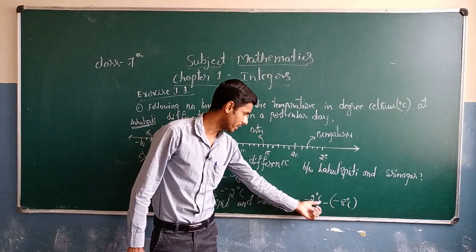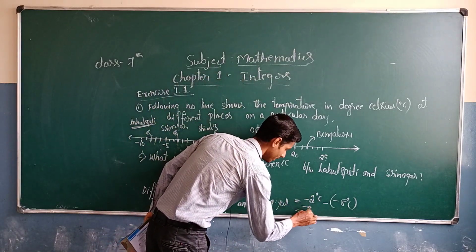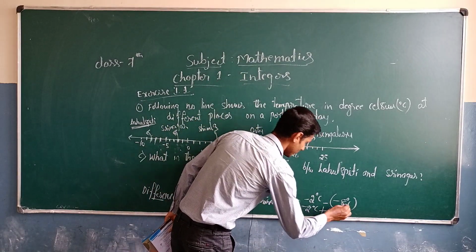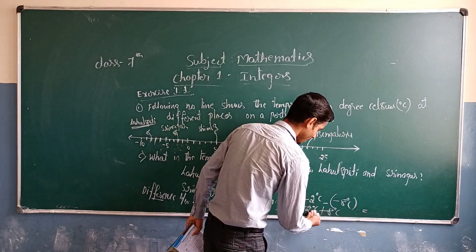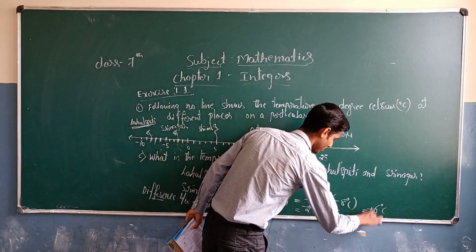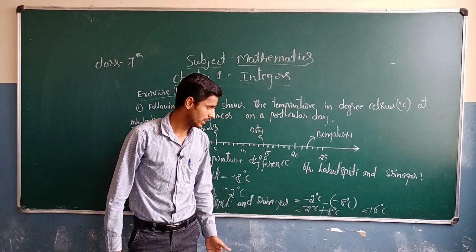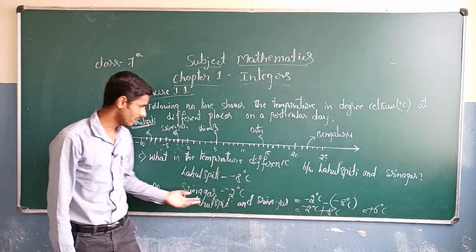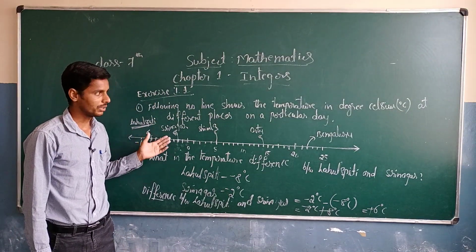So -2 is on the right because it is a higher value. So -2 degrees Celsius minus of minus 8 degrees Celsius is plus 8 degrees Celsius. When we have opposite signs, what will we do? We will subtract. So 8 minus 2 is 6 degrees Celsius. Which type of 6? It is positive. So the temperature difference between Lahaul Spiti and Srinagar is 6 degrees Celsius. This is how we have to find out the temperature difference between the given cities.